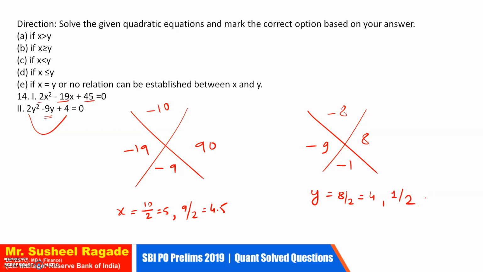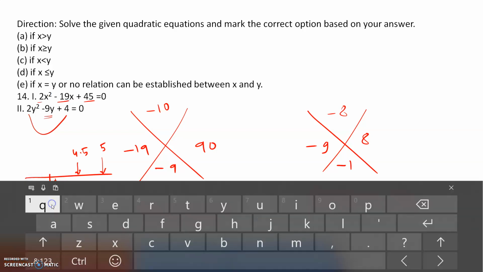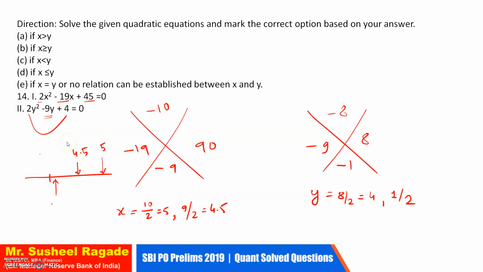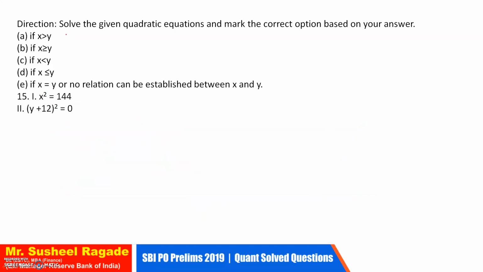So values of x are 4.5 and 5, and values of y are 1 by 2, which means 0.5, and 4. So both the values of x are greater than y. So that's why the answer is x is greater than y. So let us see the next.